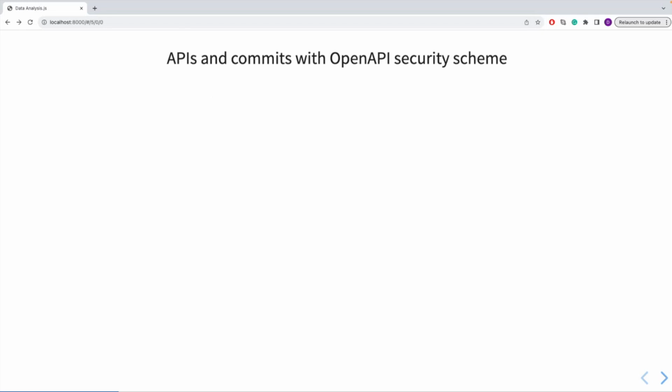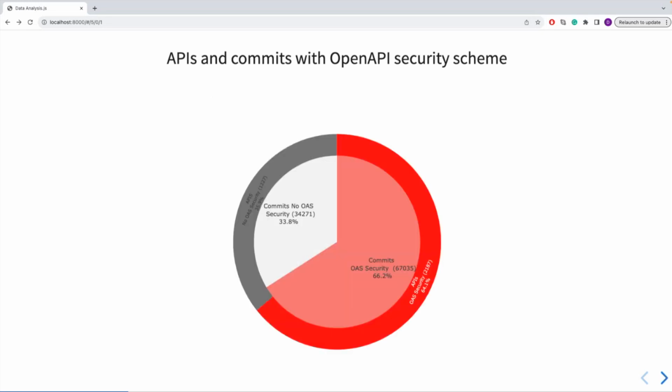For this database, the APIs with the security schema defined following the OpenAPI specification are around 64.9%, corresponding to 66.2% of the commits.